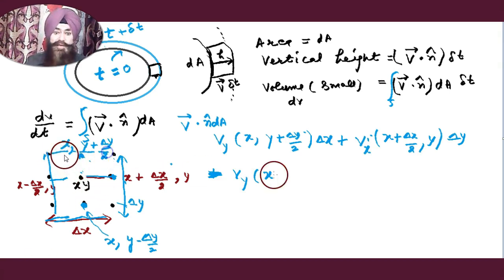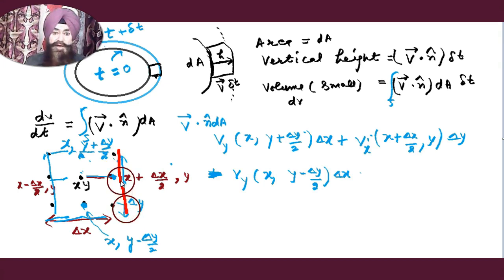Now this area is taken. Then the velocity is along this side, meaning along the negative direction. So that's why there is a negative sign here: the velocity here into this area. And lastly this area, and again the velocity is along this side, which is again negative.